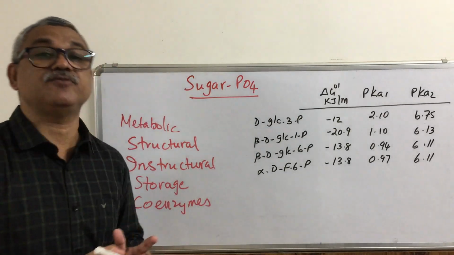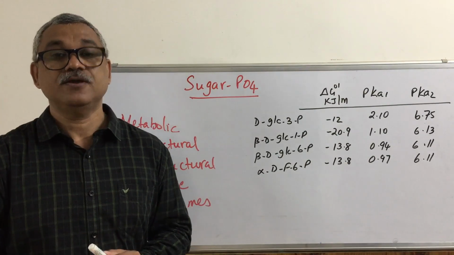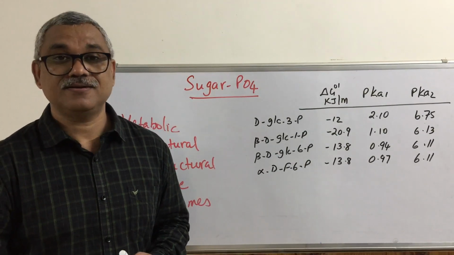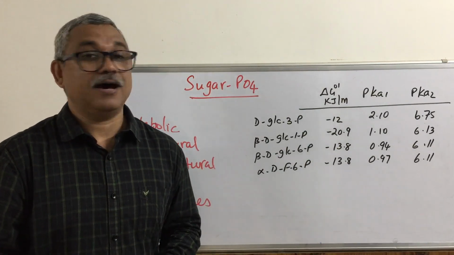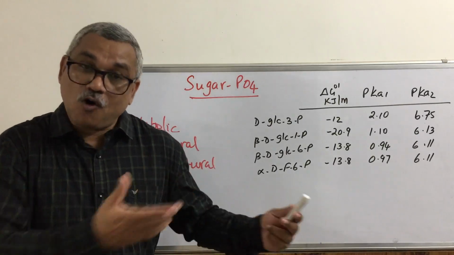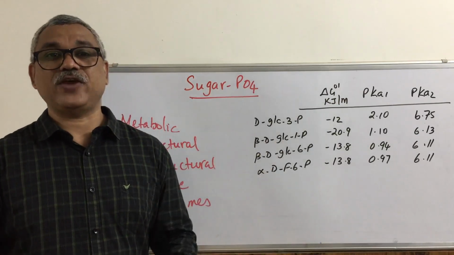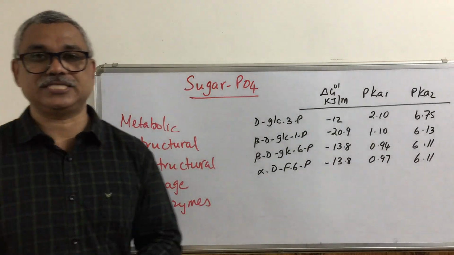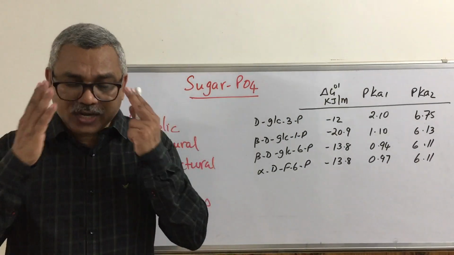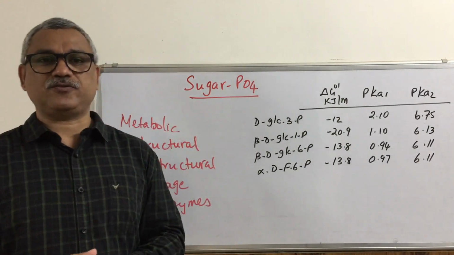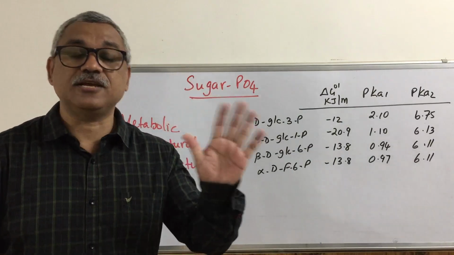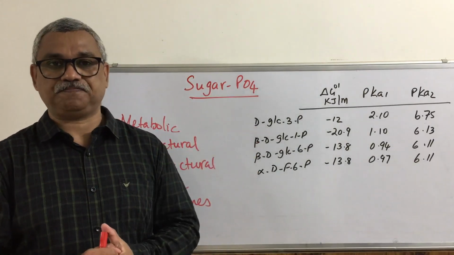Several coenzymes have sugar phosphates: FAD, FMN, NADP, coenzyme A, all of them have sugar phosphates playing a role as coenzymes. So when you look at sugar phosphates, they are so significant in living systems.